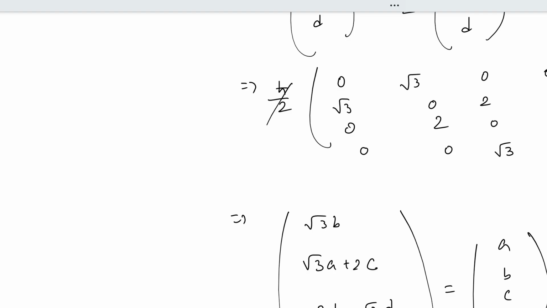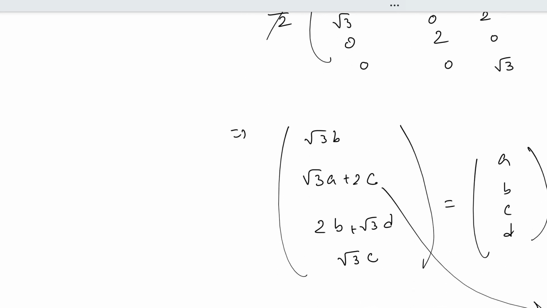So from comparing you get a equal to root 3 b, or b equal to a by root 3. Similarly d is equal to c into root 3. In the second term you have root 3 a plus 2c equal to b, and you know that b is a by root 3. Then 2c is equal to a by root 3 minus root 3 a, which is a minus 3a by root 3, which is minus 2a by root 3.